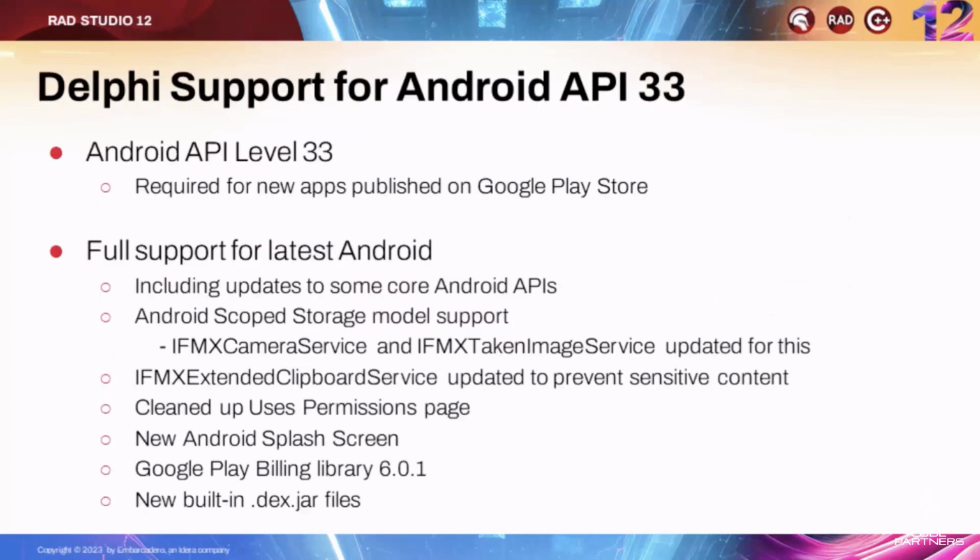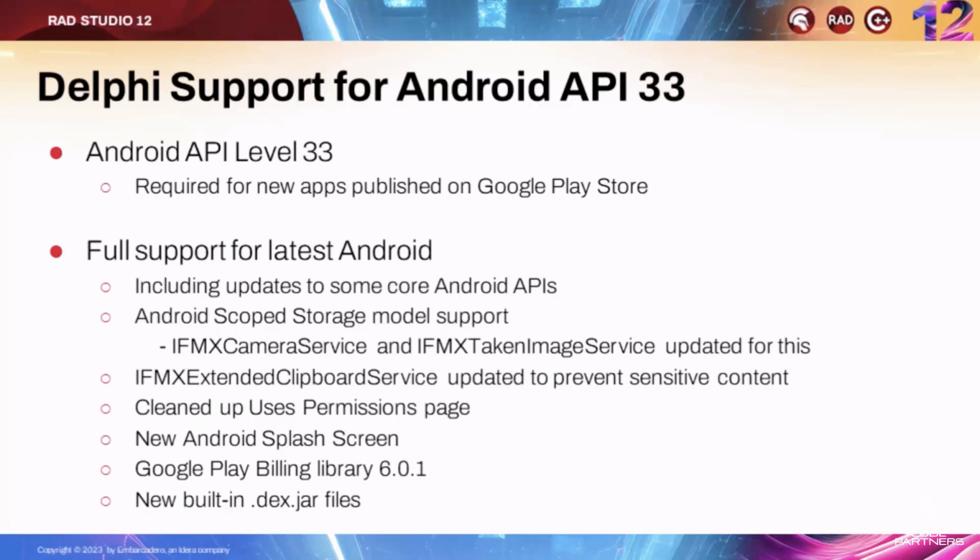Very relevant is the support for Android API level 33. This has been required since a few months ago for Google Store and is becoming fully required this month, November. We are providing the full support of the API and a number of changes to improve how FireMonkey applications adapt to Android for the latest versions of the operating system and its improved security model, its improved storage model, and changes to user permissions and so forth.